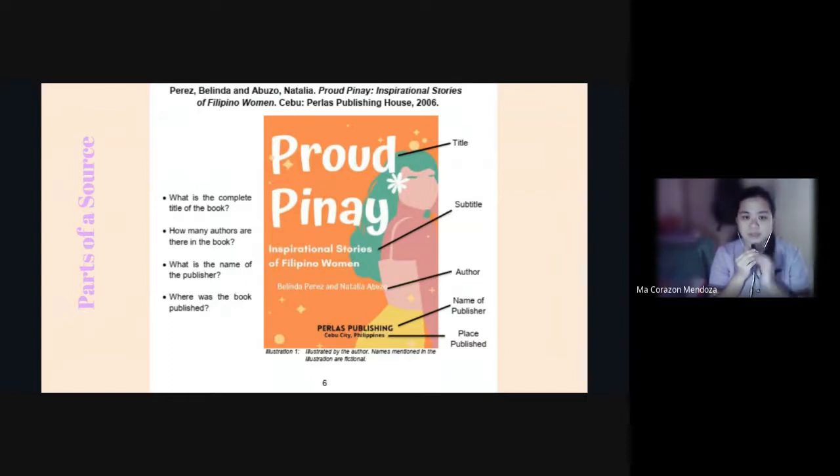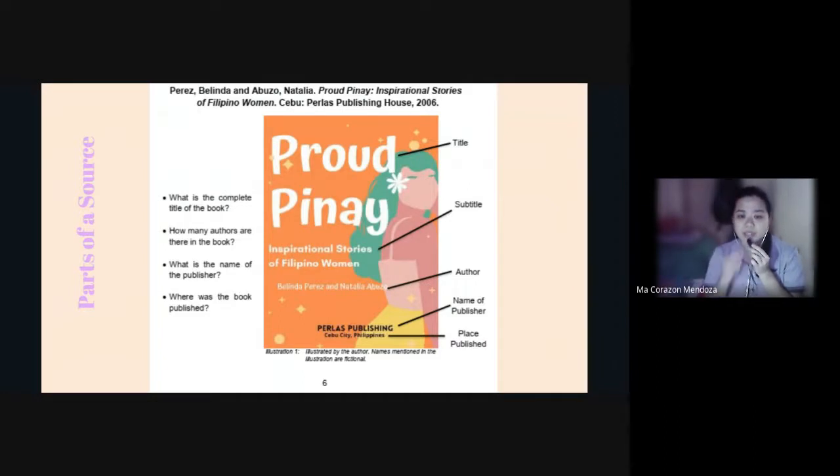So we have here, this is found on page 6 of your module, a book. The title is called Proud Pinay. The subtitle is Inspirational Stories of Filipino Women. But mind you, class, not all books have subtitles. We have their author, Belinda Perez and Natalia Abuso.